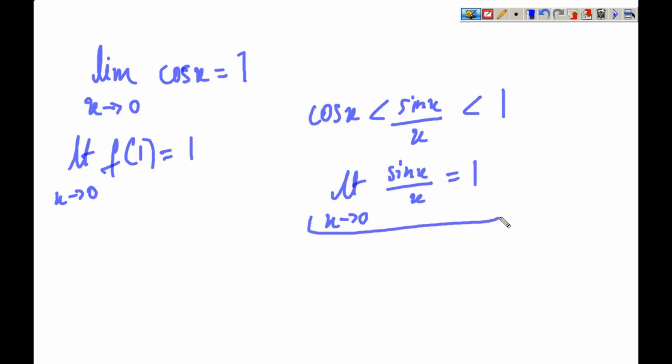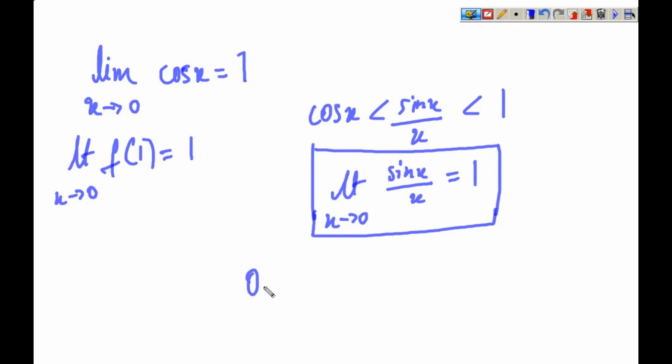This is true for all values of x in between 0 and pi by 2. So always remember, if you get something like this in limits, you can just write it's equal to 1 when x is approaching 0.